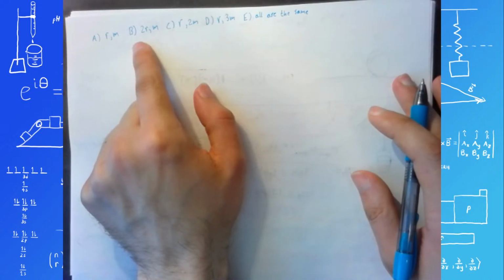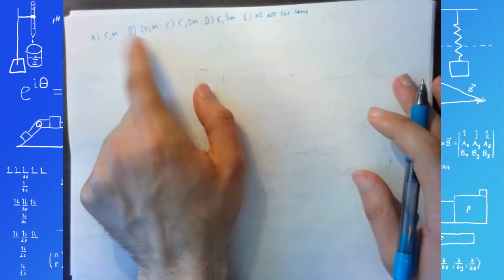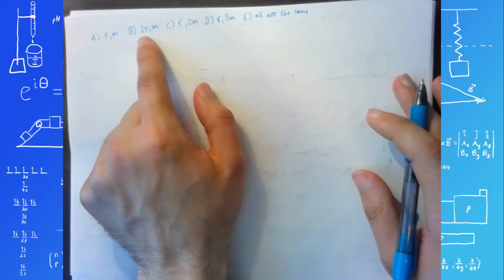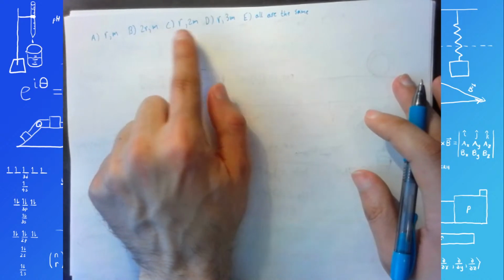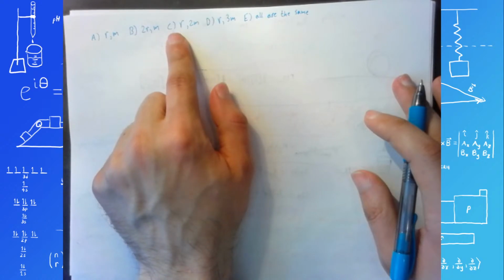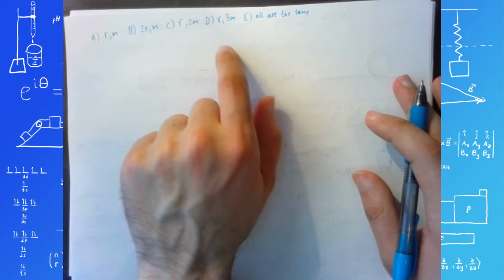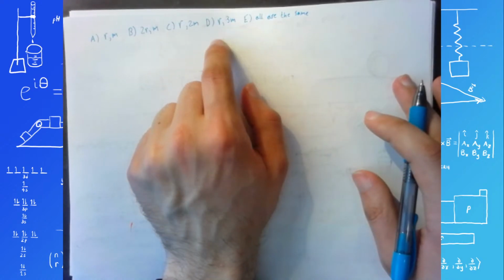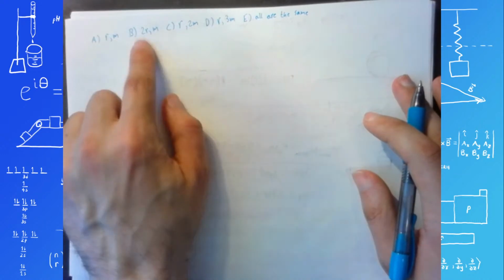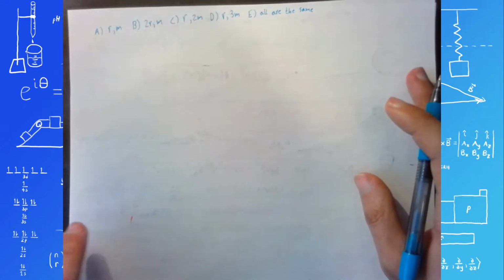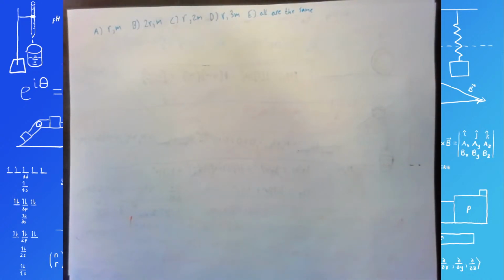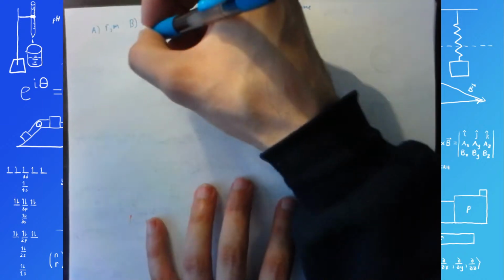Here you get m times, if you square the 2r, you get 4r squared. So this is 4mr squared. So far this is the winner. Here you've got 2m times r squared, so not 4, not enough. And here you've got 3m times r squared. B definitely wins there. So B has the highest moment of inertia.